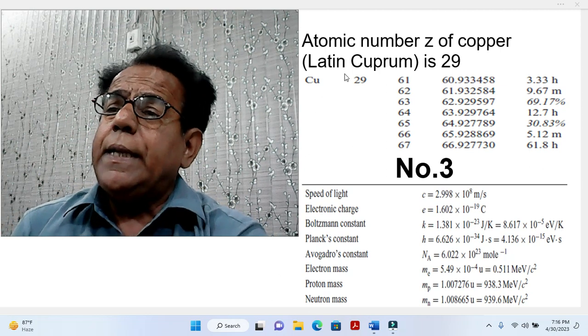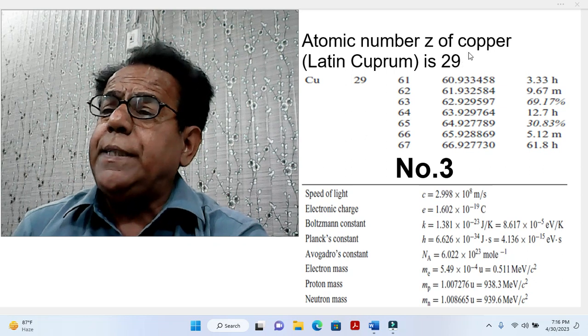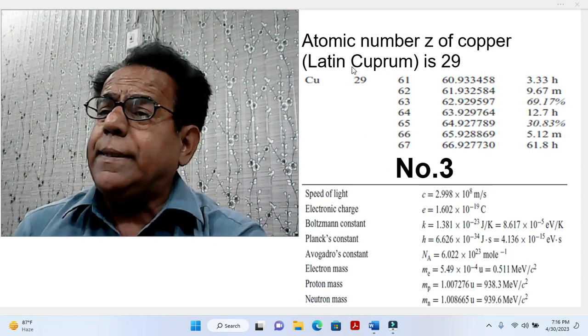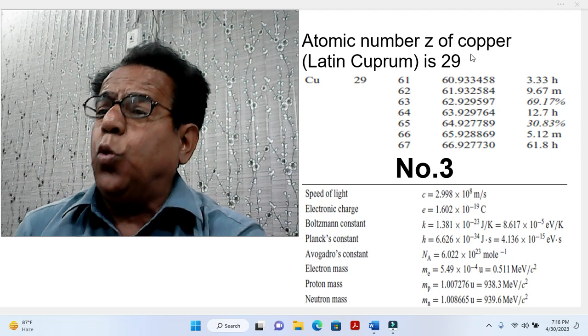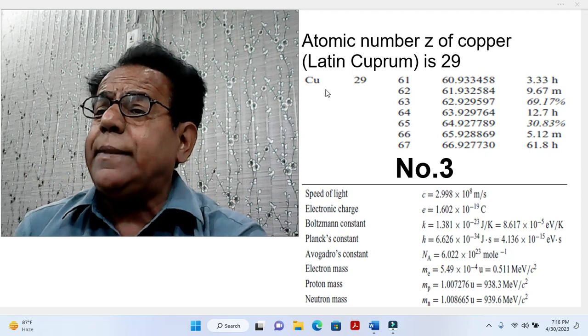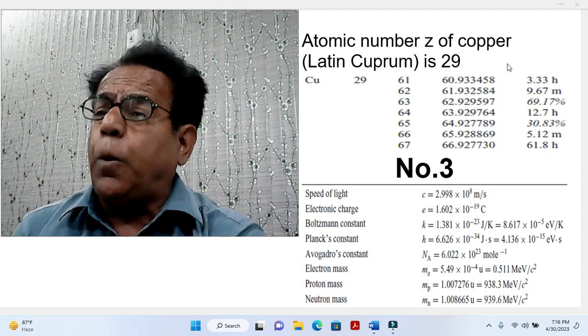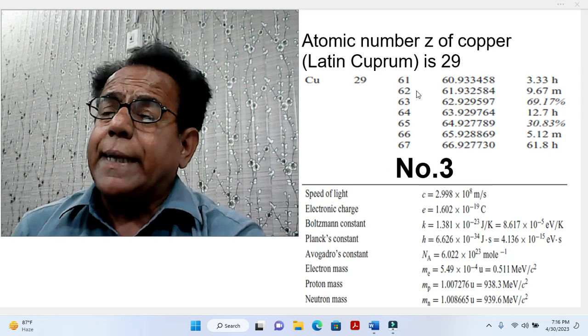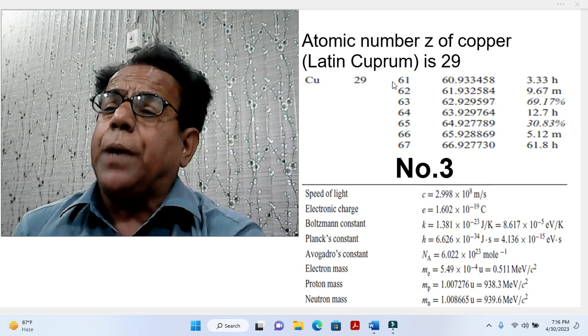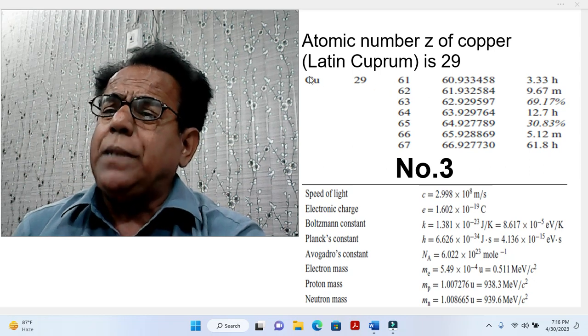Its name is copper, C-O-P-P-E-R, but its symbol is not CO, rather Cu, because copper in Latin is called cuprum.